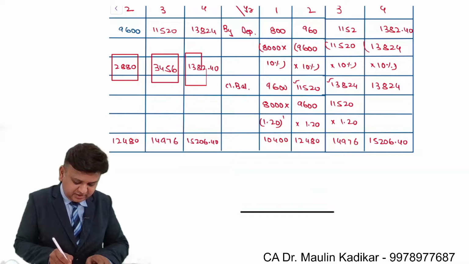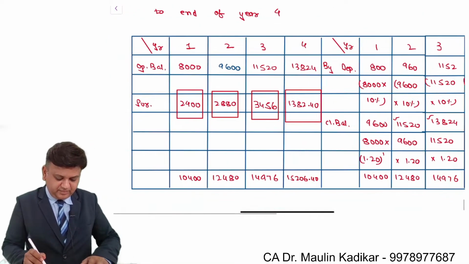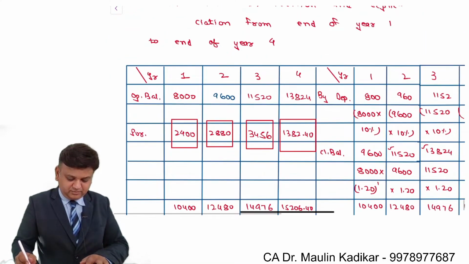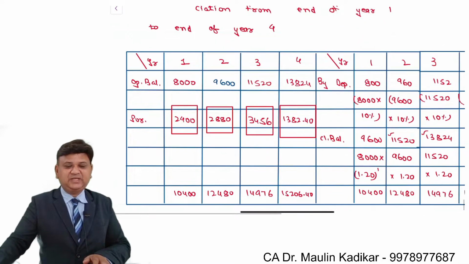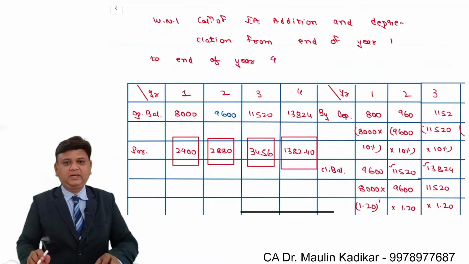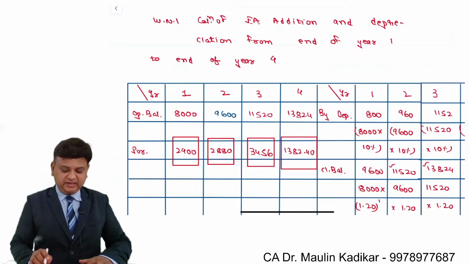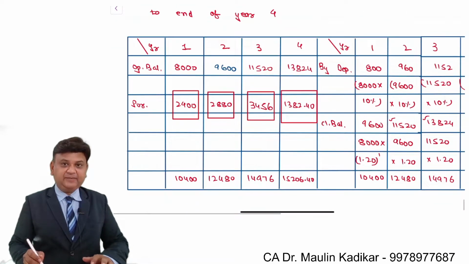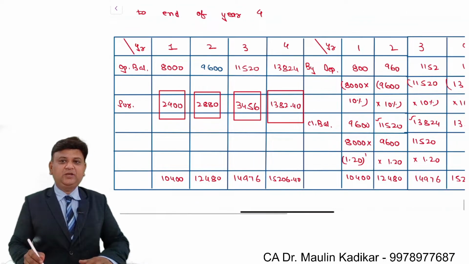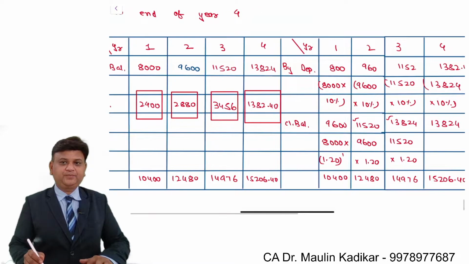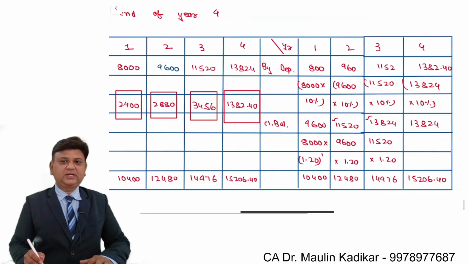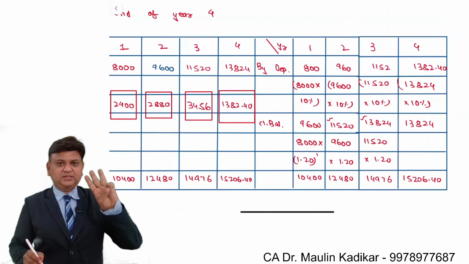This is the way we are required to make the calculation from end of year 1 to end of year 4. Please take down answer. Second working note will be calculation of working capital addition from end of year 1 to end of year 4. Friends, over here the sales strategy is adopted for 3 years.